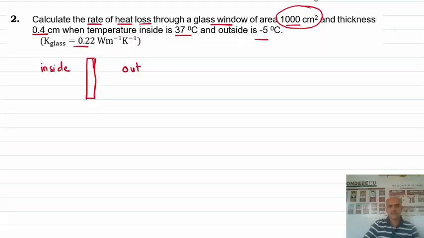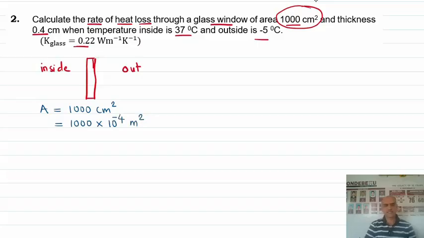The cross-sectional area is given as 1000 centimeter square. Convert to meter square, the SI unit. Centimeter is 10 raised to minus 2, so centimeter square is 10 raised to minus 4 meter square.